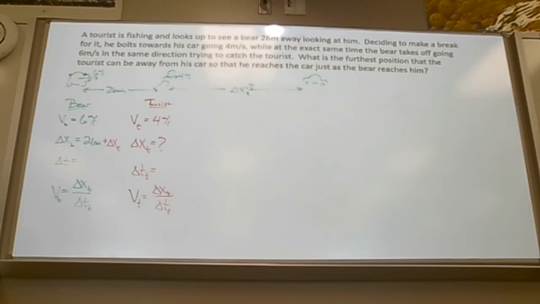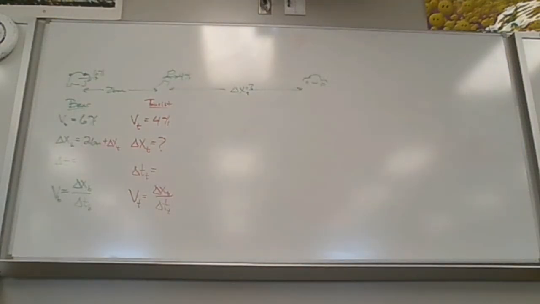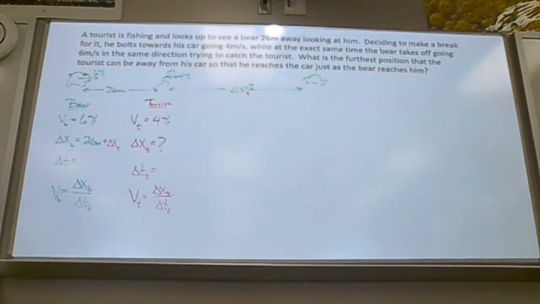Okay, do I have anything that represents time? I don't. All right. So if I don't know anything value-wise, which object is running for more time, the bear or the tourist? Or are they running the same?